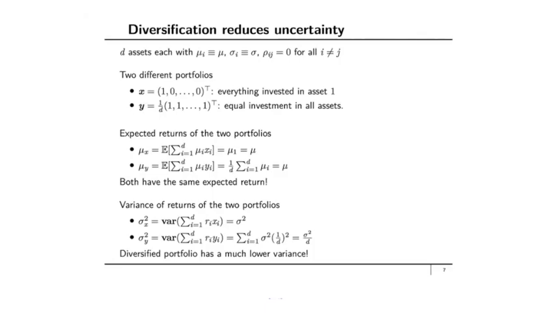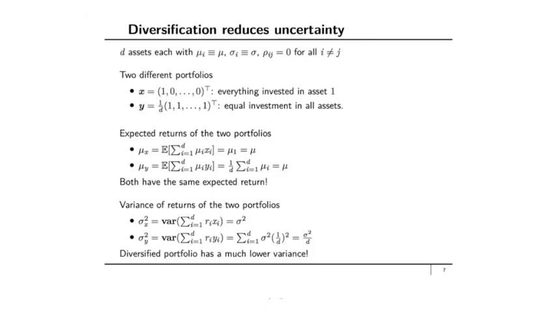And now let's think about two different portfolios. In one portfolio, X, I invest everything in asset 1. In the other portfolio, I equally distribute my initial dollar over all the assets. So in every asset, I invest 1 over D. Both of these are portfolios. The expected return of the first portfolio, X, is simply the expected return of asset 1, which is mu.